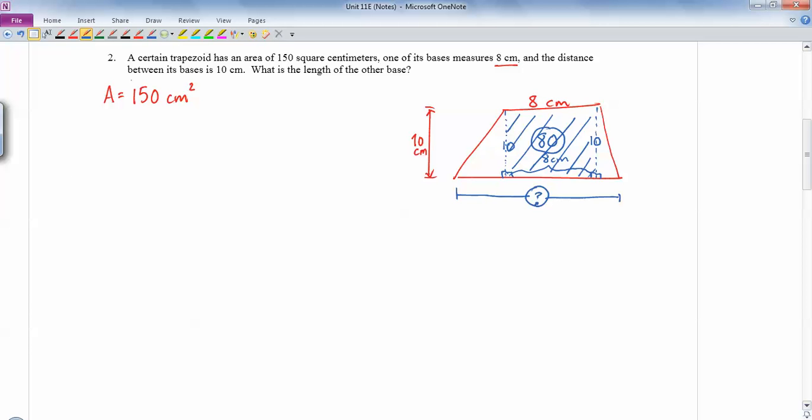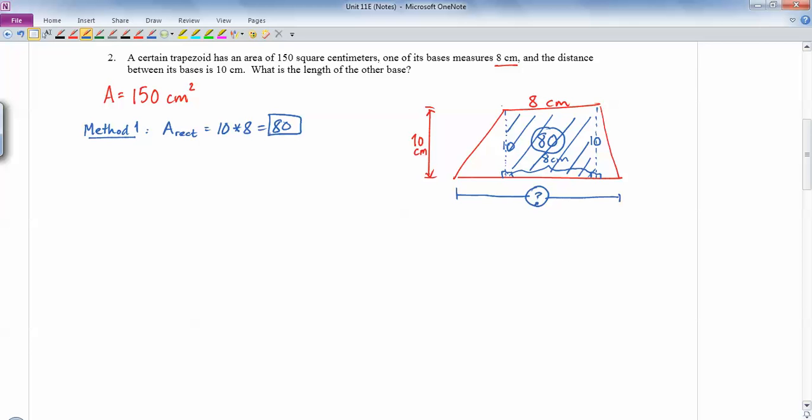We'll call this method 1. So the area of the rectangle is 10 times 8, which is 80. I know that that's not the whole area.